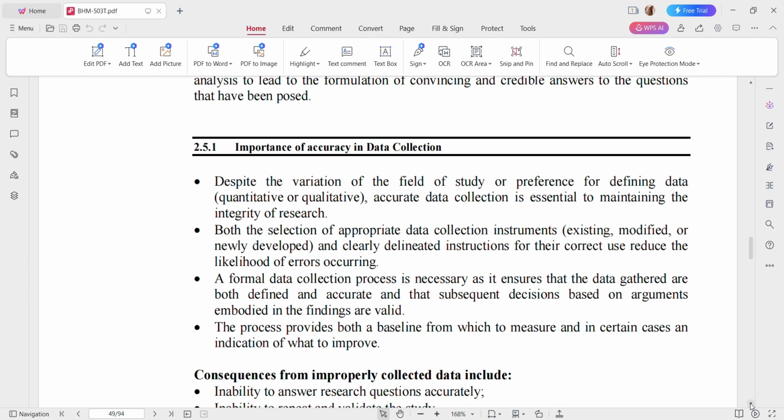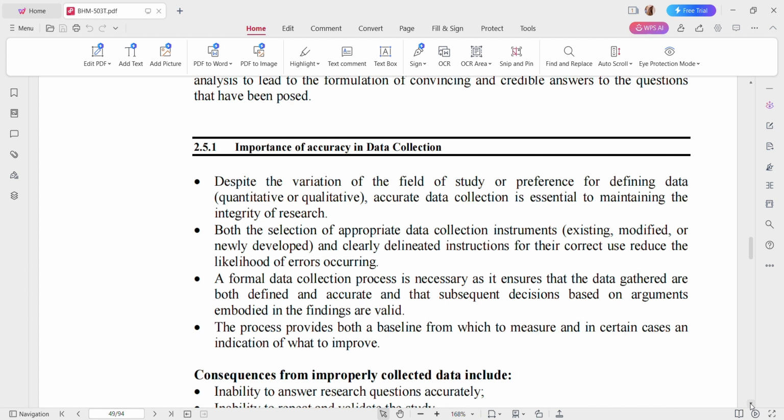So if you fail to establish appropriateness in the instrument that you'll be using, then there will be a question in the validity of your results. There will be errors in the results because the questionnaire and the statement of the problem did not match.